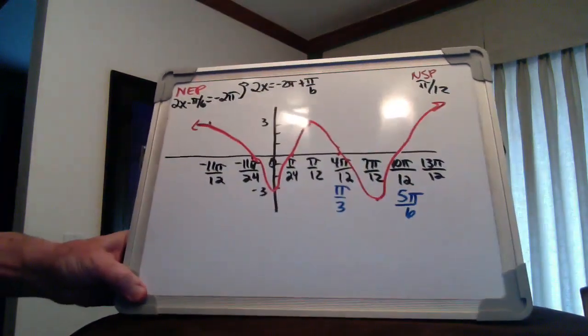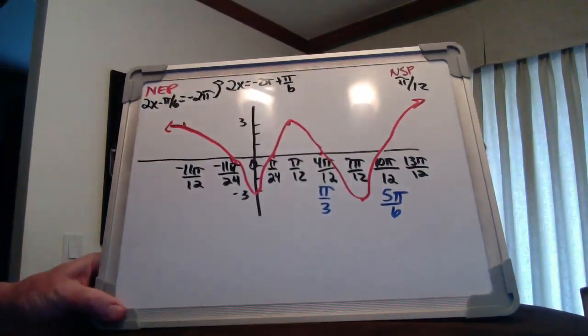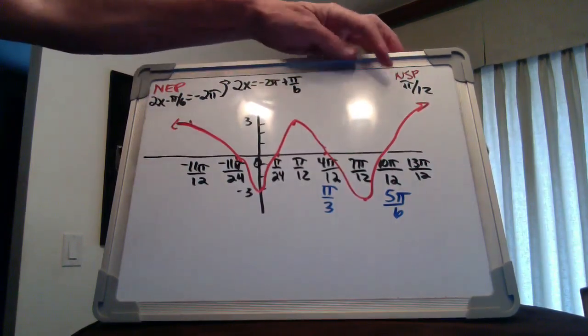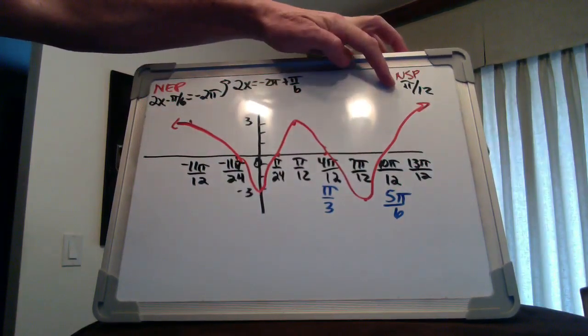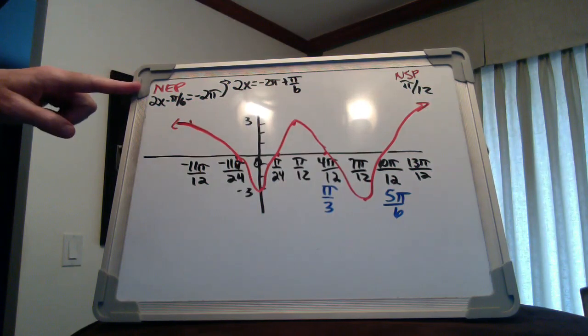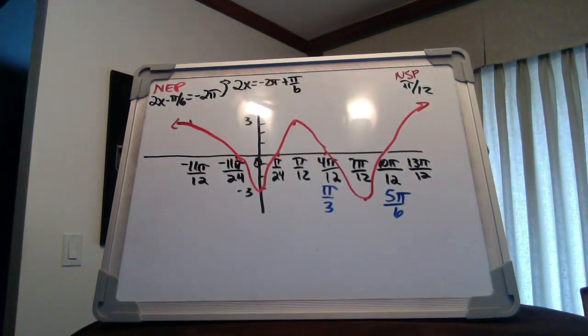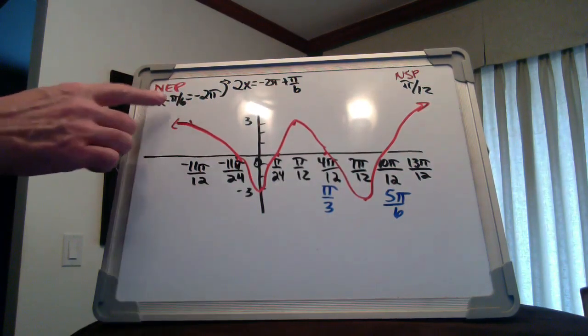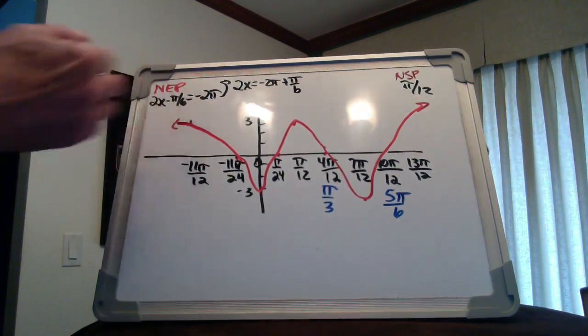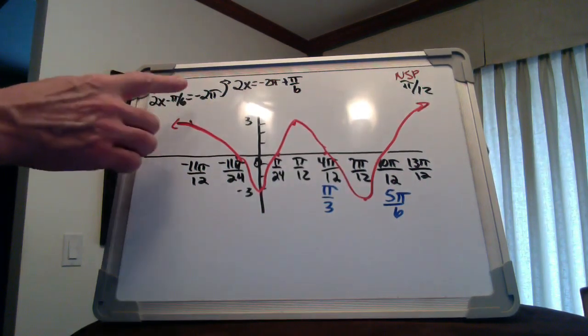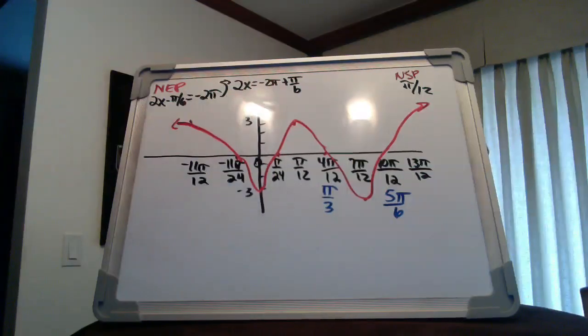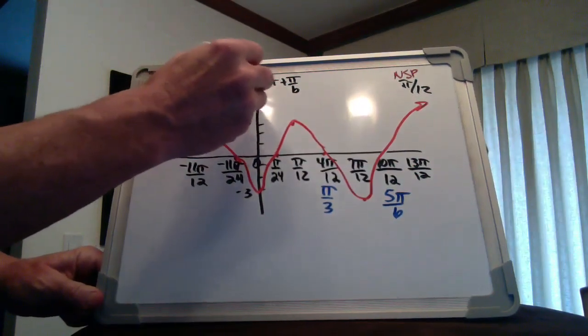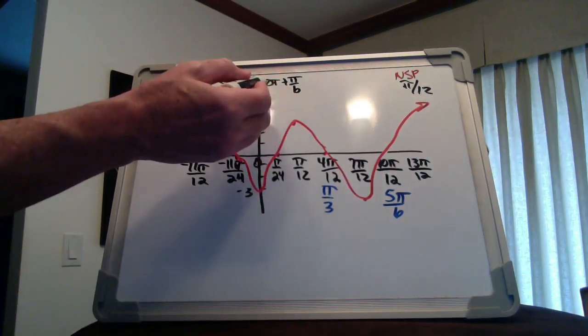Okay. So your new start point is still pi over 12, just like on the previous side. And I wanted to show you the new end point here. I want to show you a quick trick right here. So you'll set it equal to -2 pi, because you're moving to the left. When you add pi over 6, just like I showed you before, what you can do is multiply these together.